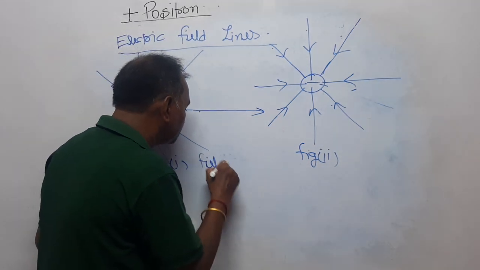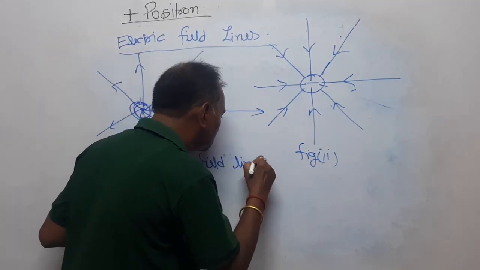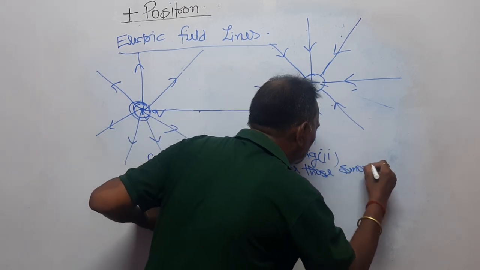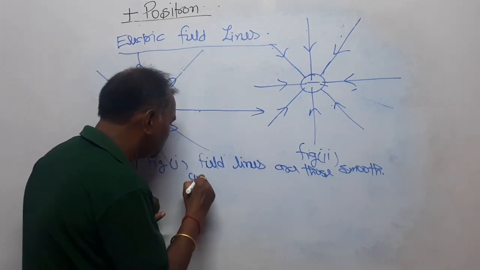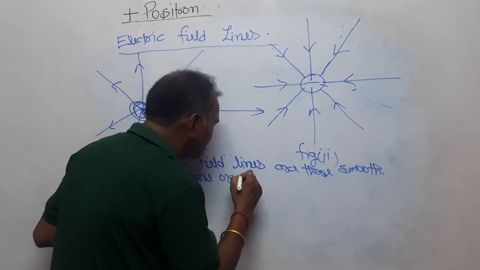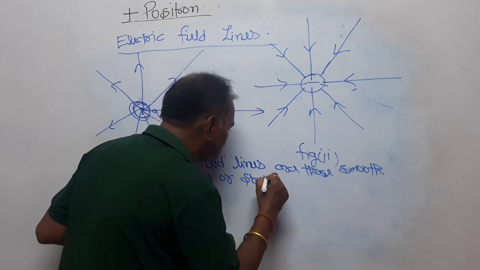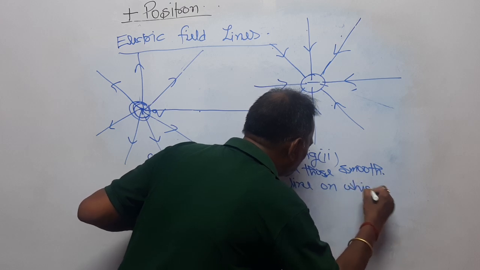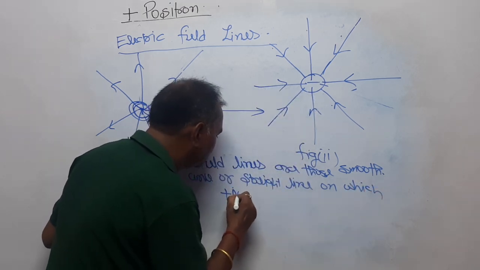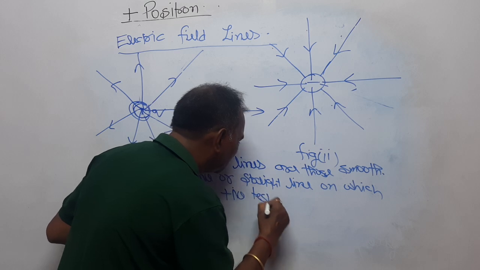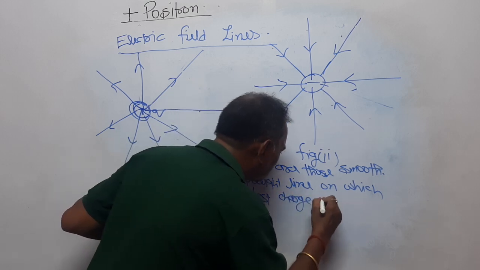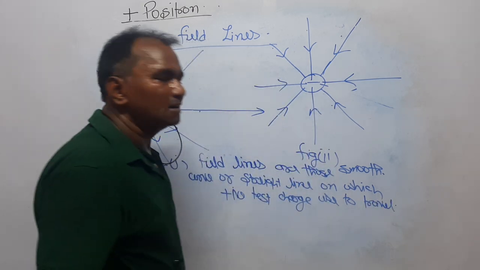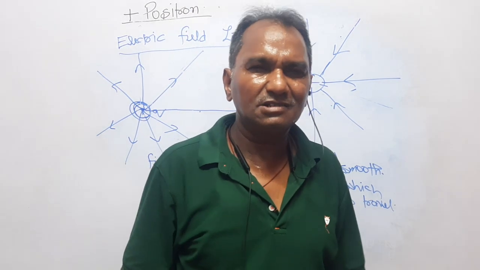Field lines are those smooth curve or straight line on which positive test charge used to travel.